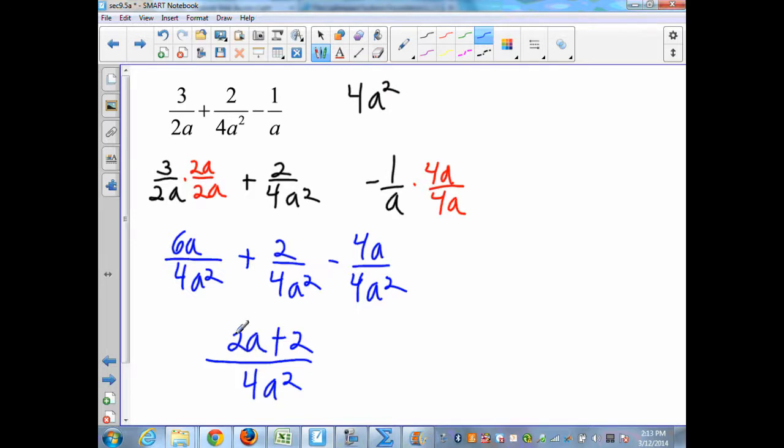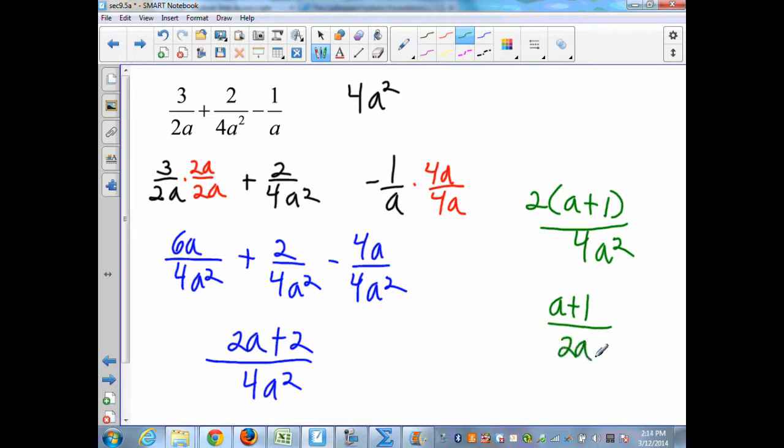I can factor a 2 out of the numerator, and when I do, that's going to give me 2 times a plus 1 all over 4a squared. And now the 2 and the 4 can simplify. 2 goes into 2 once, leaving me the numerator of a plus 1 over 2a squared.